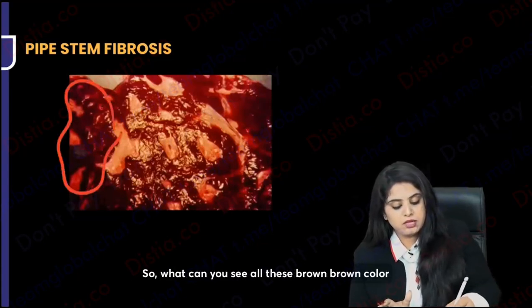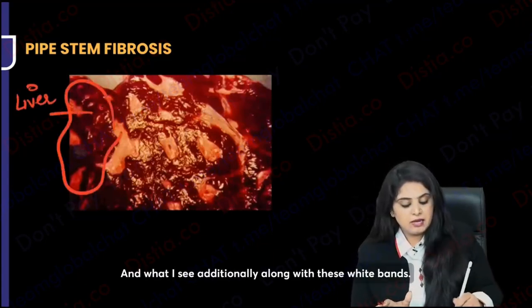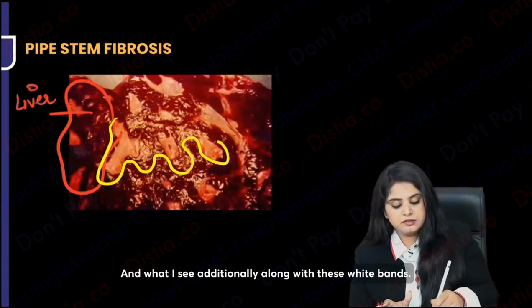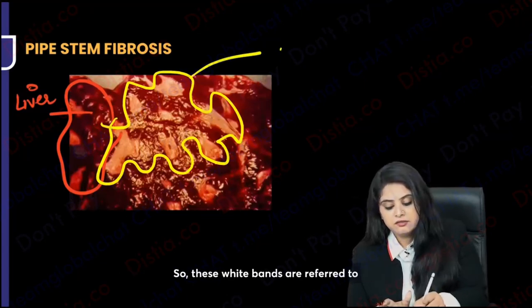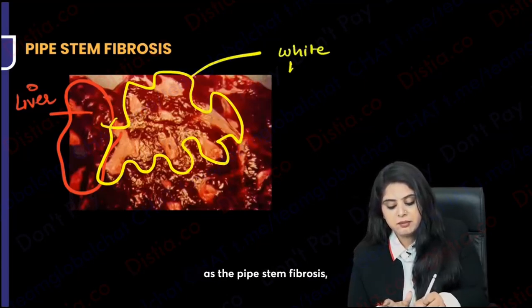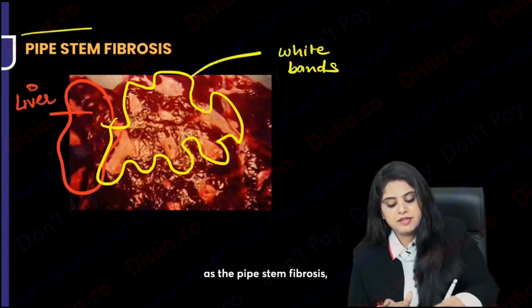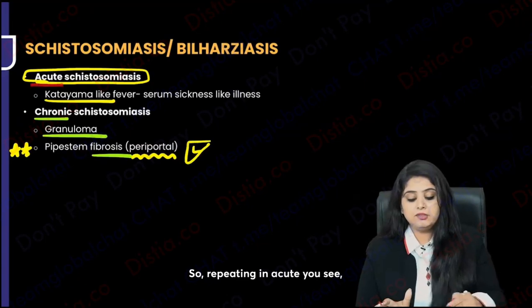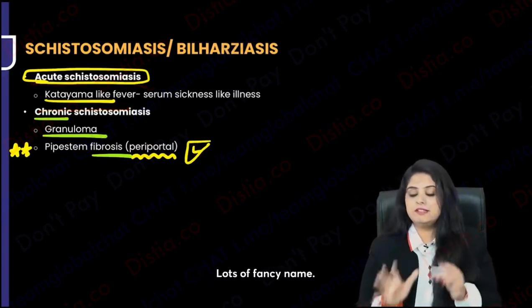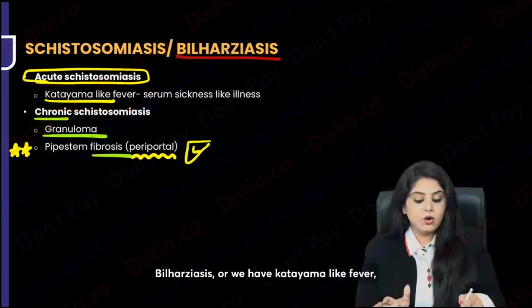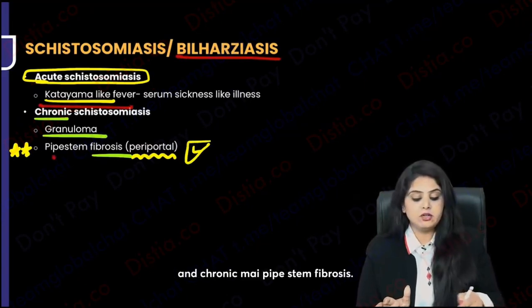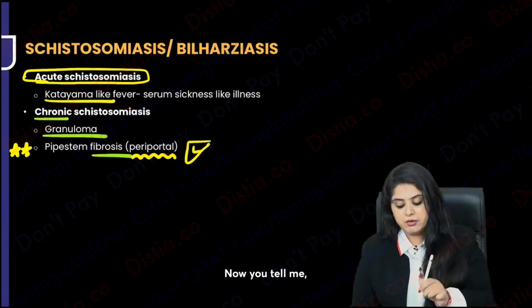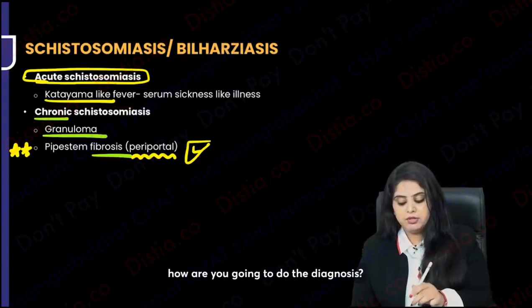All this brown color must be the normal liver, and additionally there are these white bands, which are referred to as the pipe stem fibrosis. So repeating, in acute you see Katayama-like fever, and in chronic, pipe stem fibrosis. Now you tell me how are you going to do the diagnosis?